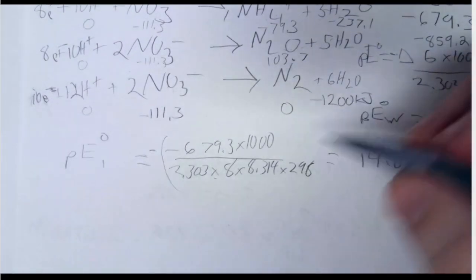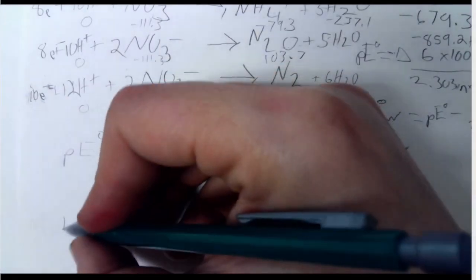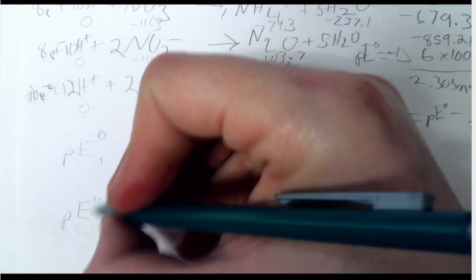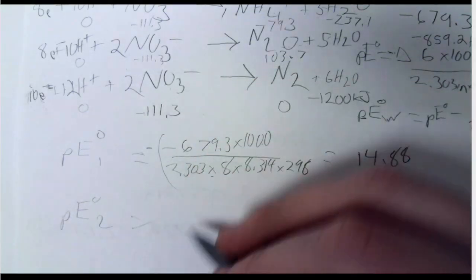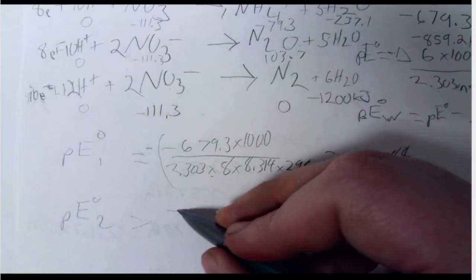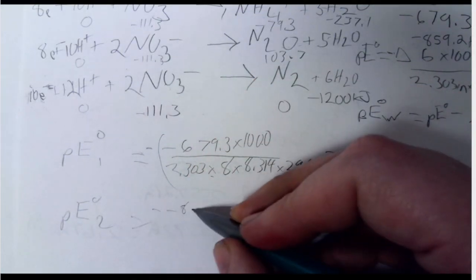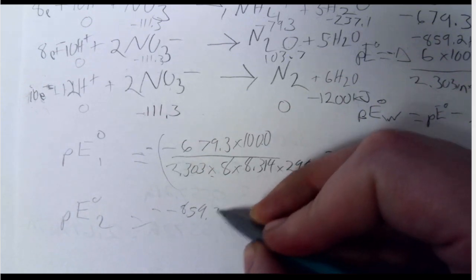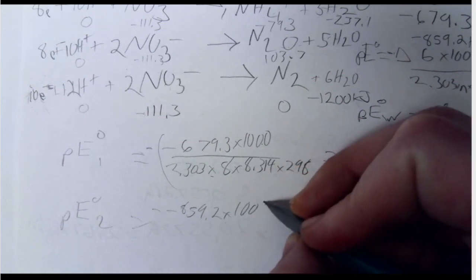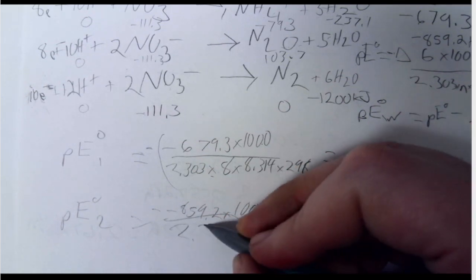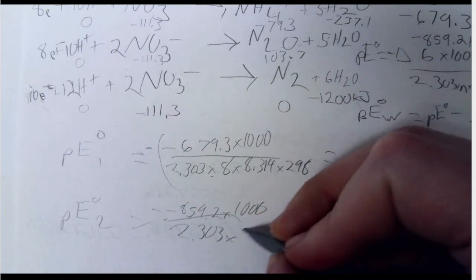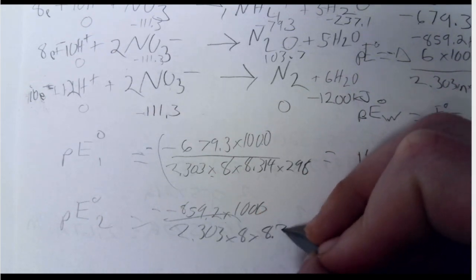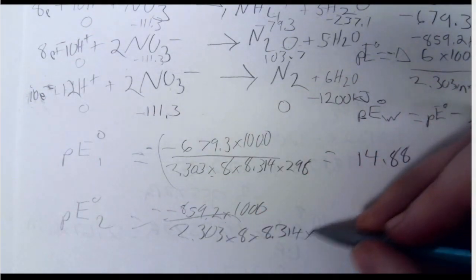Now, doing the second one. My PE2 is just the same process. Negative of a negative 859.2 times 1,000 divided by 2.303 times 8 times 8.314 times 298.